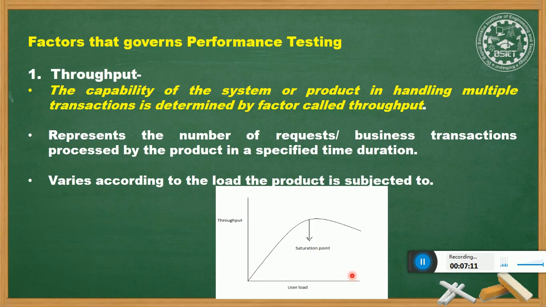In this example, the throughput keeps increasing as the user load increases. So as the user load increases, the throughput also increases accordingly.